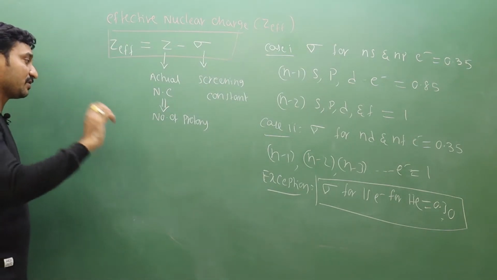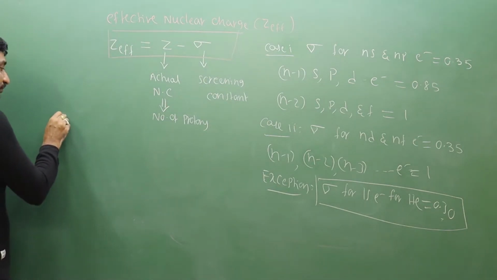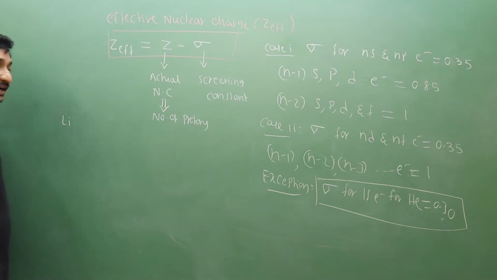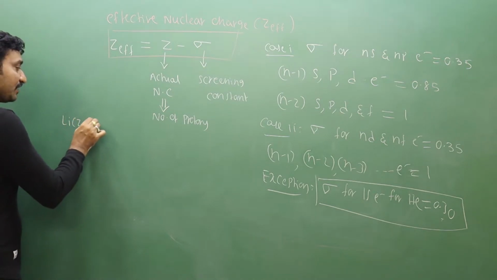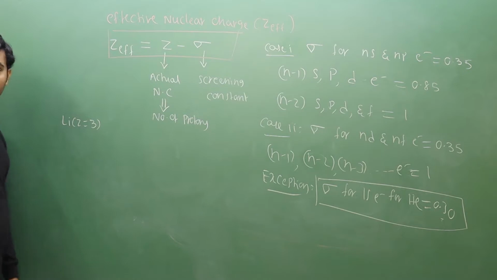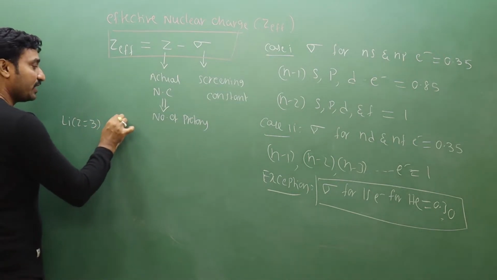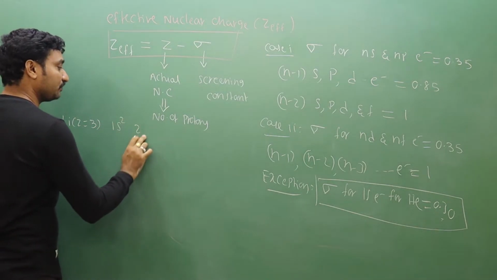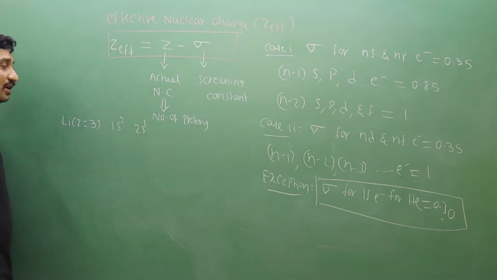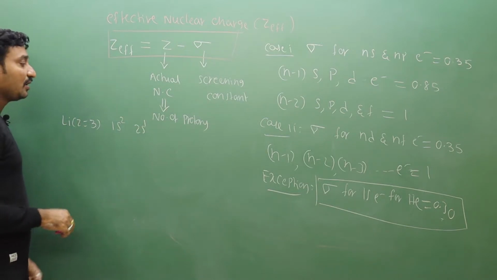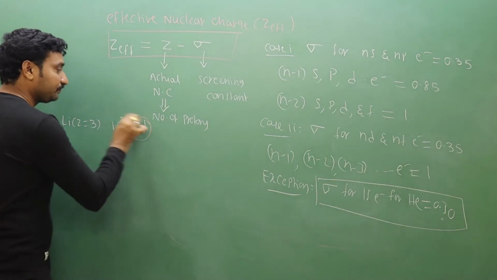For example, lithium. Atomic number Z equals 3, electronic configuration 1s2 2s1. Now we can calculate sigma for the 2s electron.